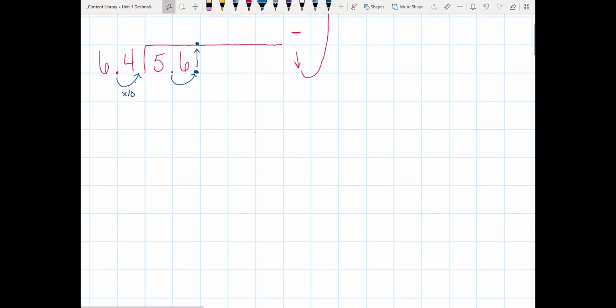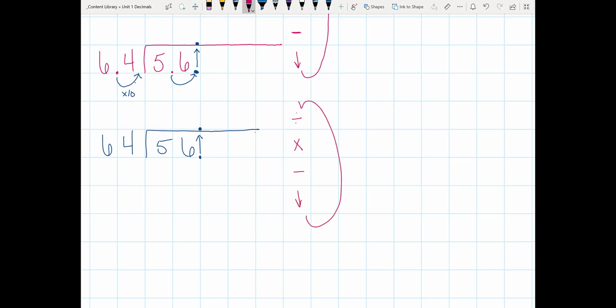Just to make it look a little cleaner, I'm going to rewrite the problem down here. 64 divided by 56. And I brought my decimal point up again. All right, let's get started. I'm going to rewrite our steps right here so that we have them to reference as we work.